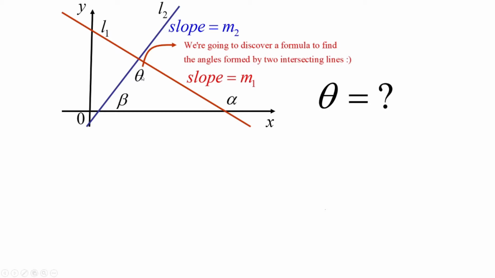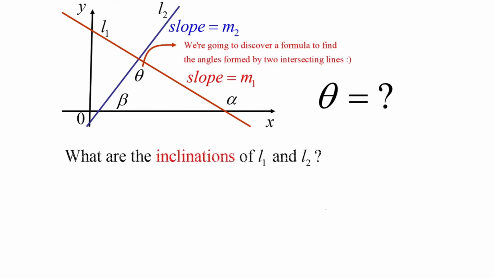Well, let's think about some things that we've been working on, like our angle addition and subtraction formula for tangent right there. So what I'm going to do is this. What are the inclinations of line 1 and line 2 from the beginning of chapter 9?